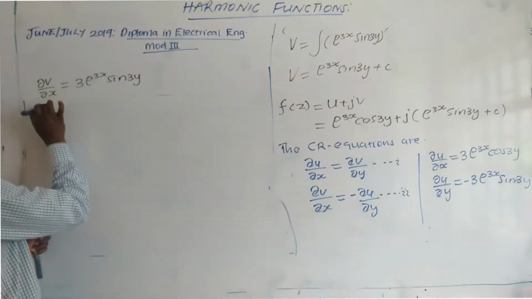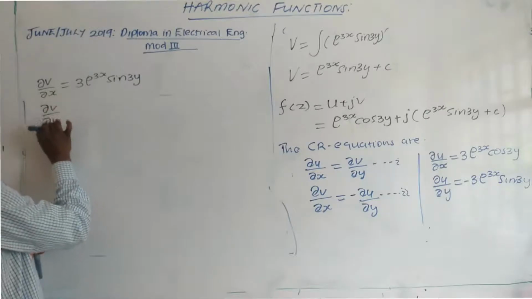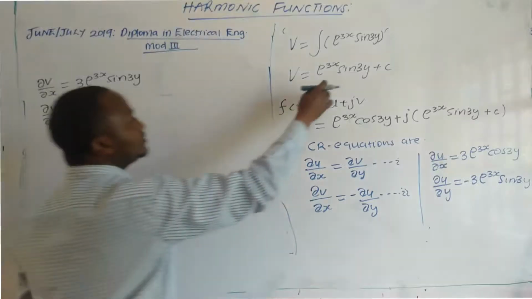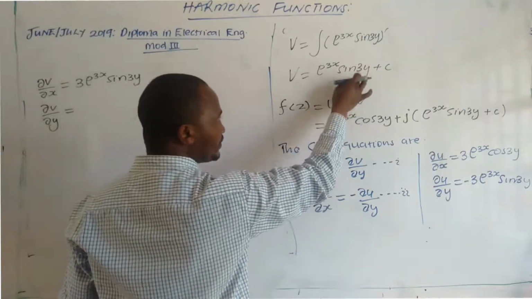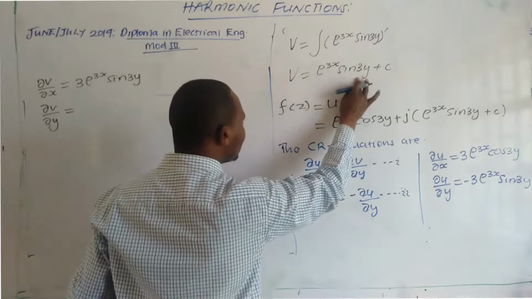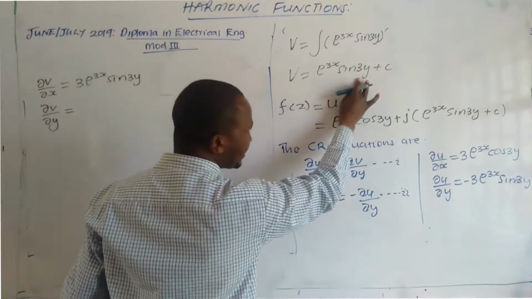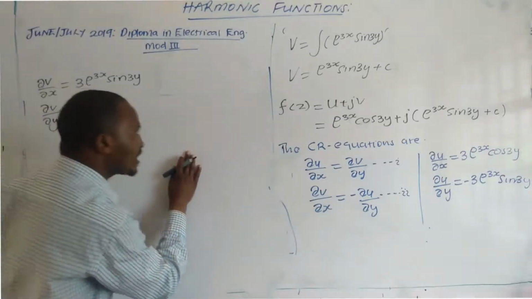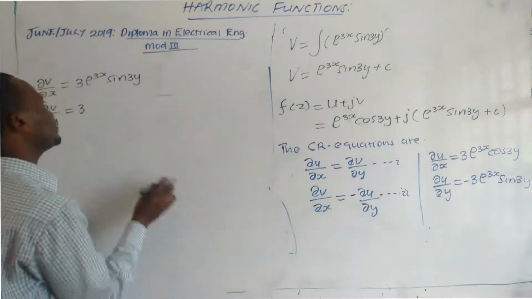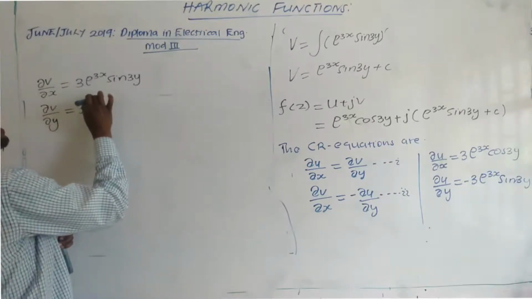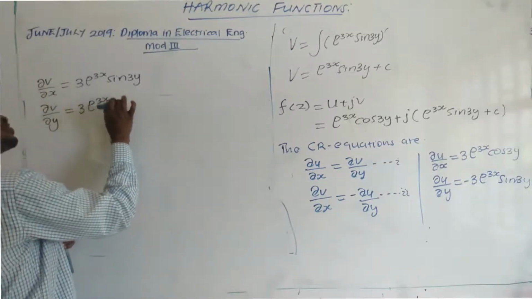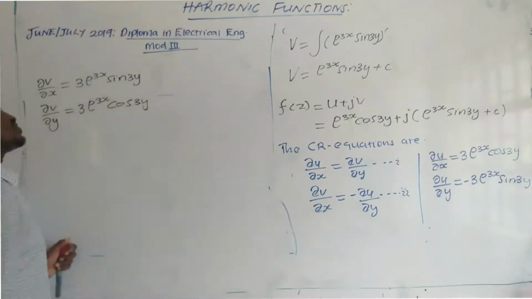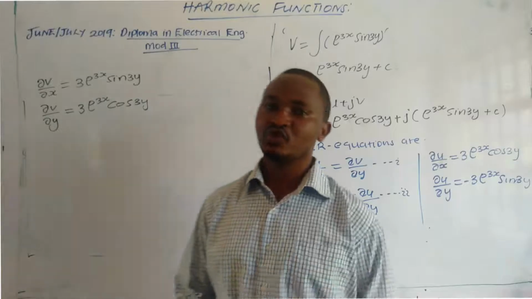Partial derivative of v with respect to y: if you differentiate sin 3y with respect to y, you multiply with 3 and the sine changes into cosine, but before that you have exponential 3x. So that is our partial derivative of v with respect to y.